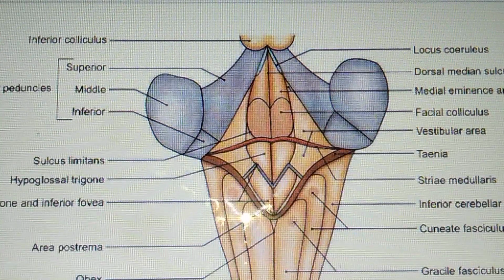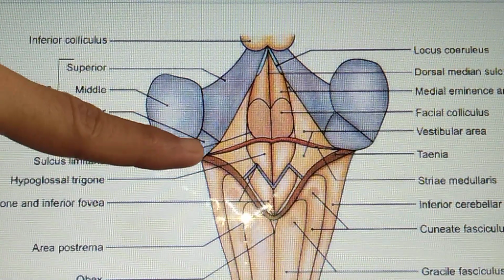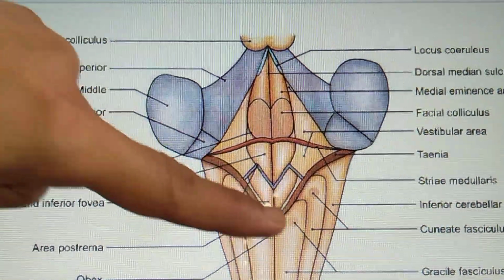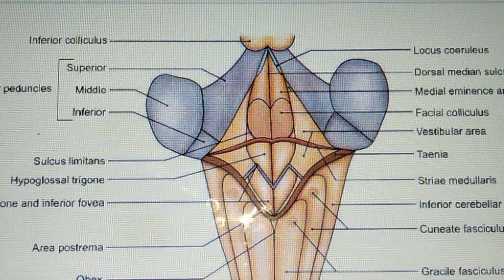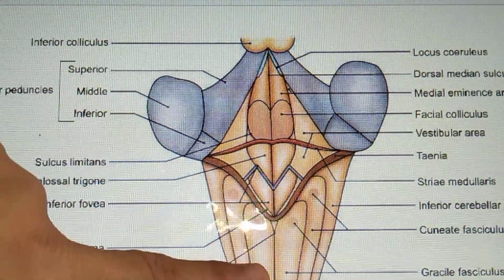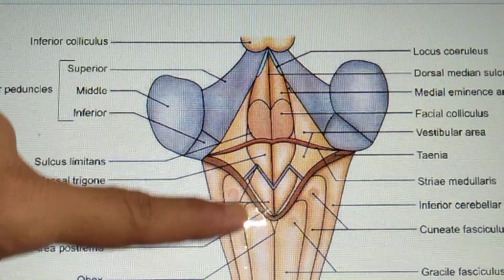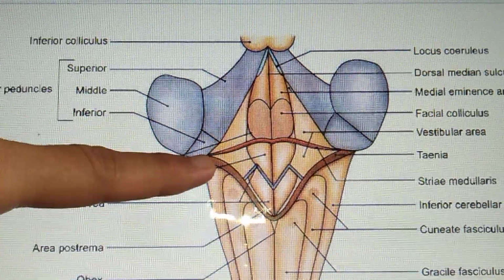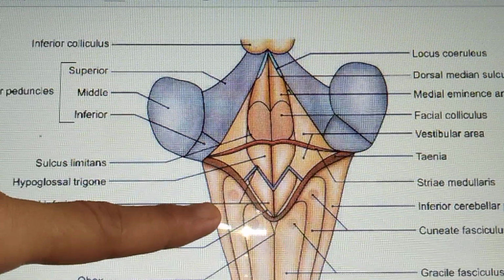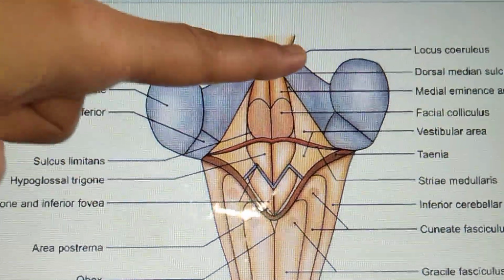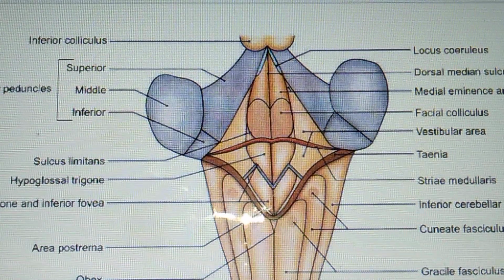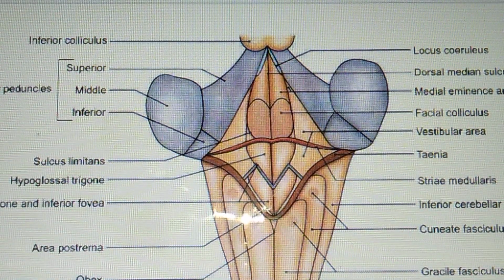On each side, on the inferolateral aspect, the fourth ventricle is bounded by the gracile tubercle, the cuneate fasciculus and the cuneate tubercle, and the inferior cerebellar peduncles. And superolaterally there are the superior cerebellar peduncles.